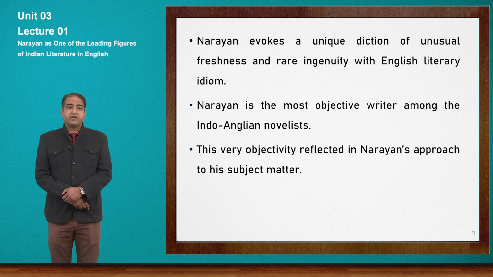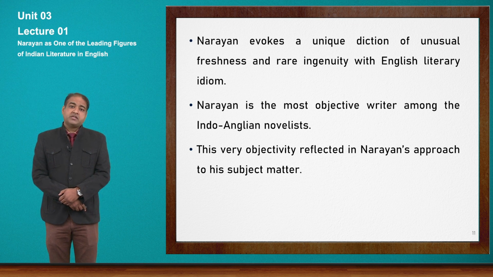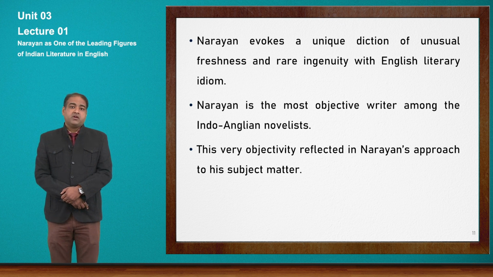This very objectivity is reflected in Narayan's approach to his subject matter. The subjects which Narayan chose, the setting, the background, the characters which Narayan chose, they are all reflecting the objectivity which is visible in the behavior of R.K. Narayan.